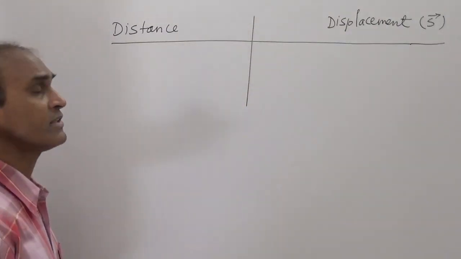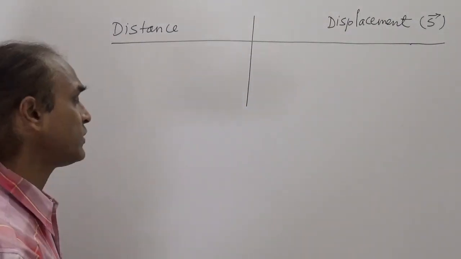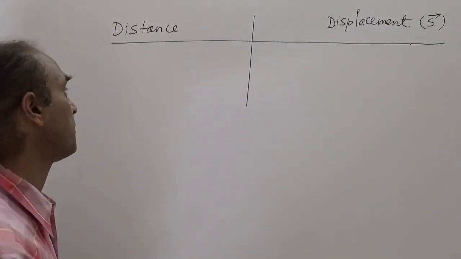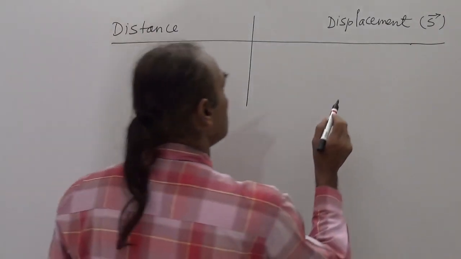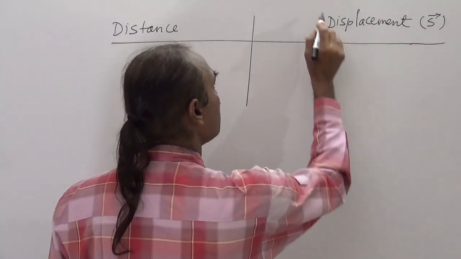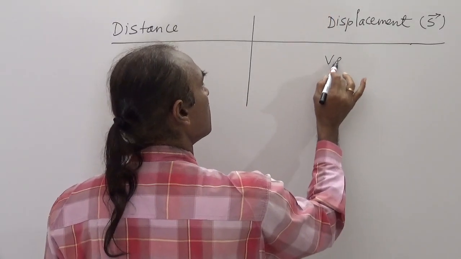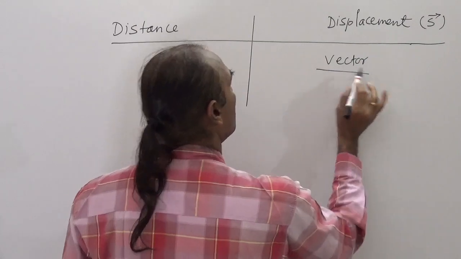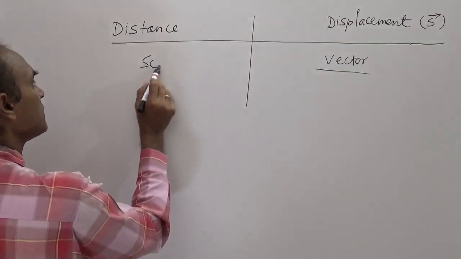It's a fundamental factor to start vector operations, the addition and subtraction of vectors. Displacement is a vector quantity, but distance is a scalar quantity.